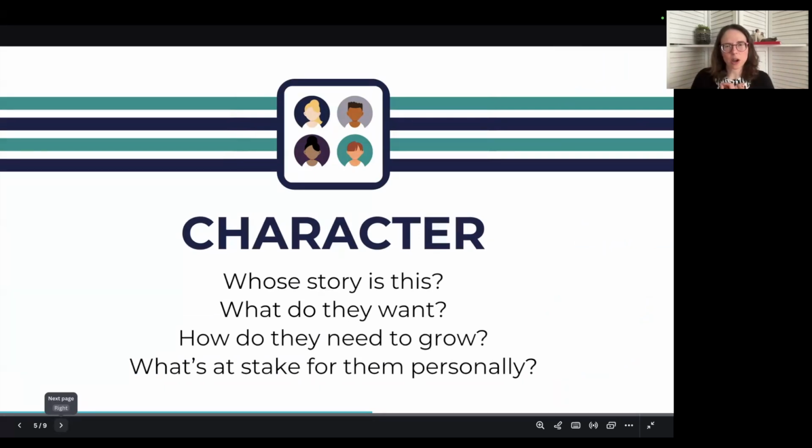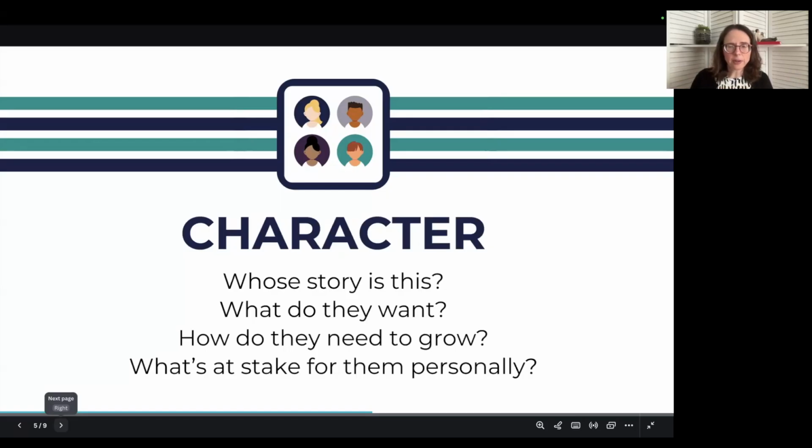What do they need to overcome internally on a mental, emotional level in order to get what they want? And we also need to make sure that there's something at stake for them personally. Otherwise, we will feel disconnected from the story because the character will be disconnected from the action.